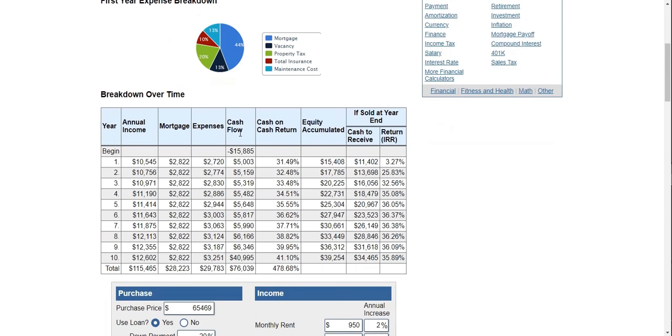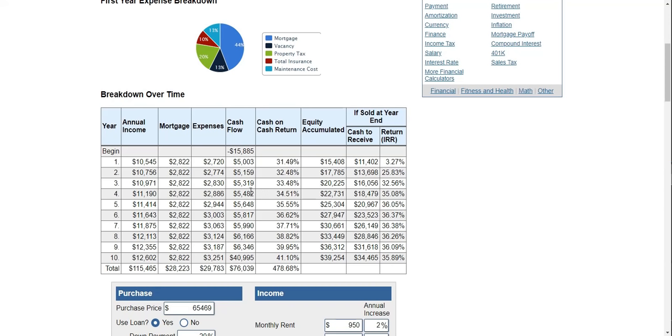And if you scroll down the page, you can see that reflected here. Here are your 10-year cash flows for the property beginning in year 1, and you can see that these cash flows, as we indicated on our input page, are being escalated by 2% per year. And then you can also see that in year 10 you have a very large cash flow. That's because that's the year that we sold the property, hypothetically anyway.